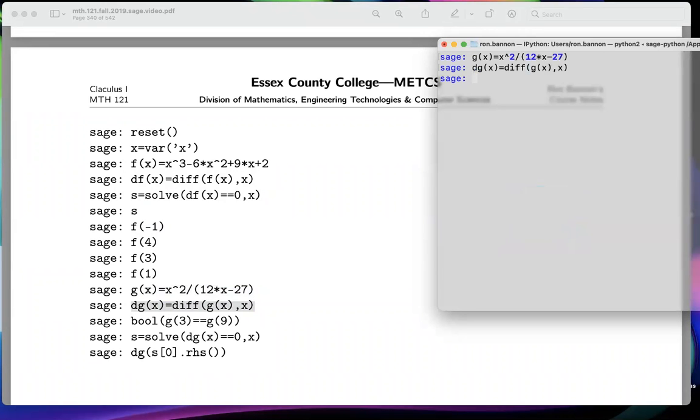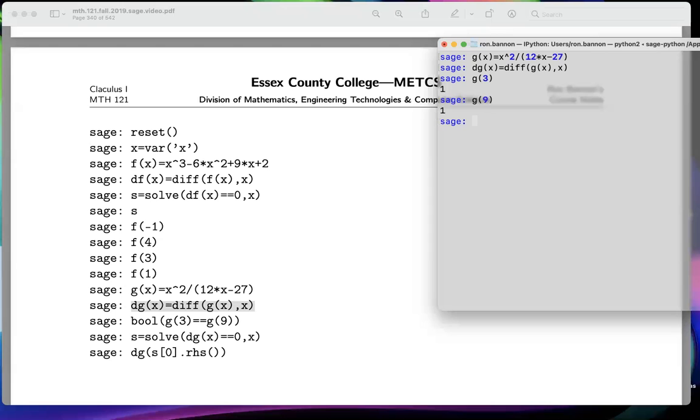All right, this is a weird one. It says Boolean, does g of 3 equal g of 9? Let me type down g of 3 first. That equals 1. Let's type down g of 9. And this has something to do with the problems that you're working on. This is why it's so important to study. When you study, you'll see the relationship between this and the past.